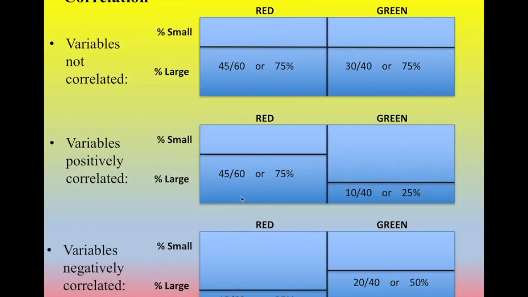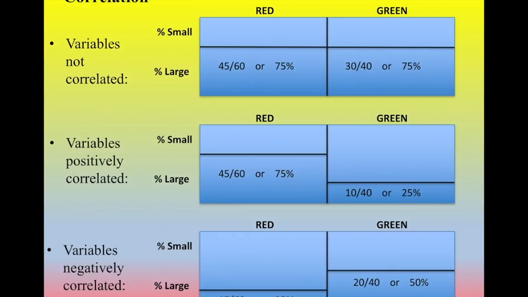Okay, finally, let's look at this third jar of marbles. In this third jar, represented by this third rectangle, we find that 60 of the marbles are red, 40 are green, 65 are small, and 35 are large. 25% of the red marbles are large, while 50% of the green marbles are large.